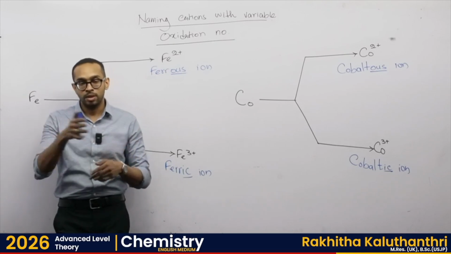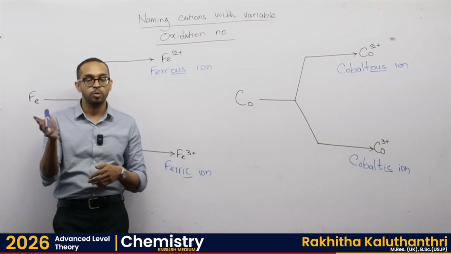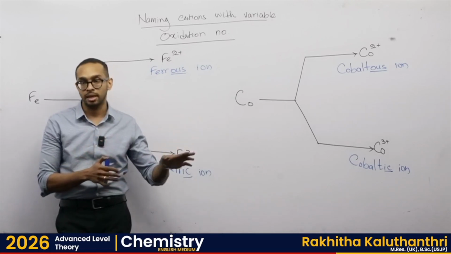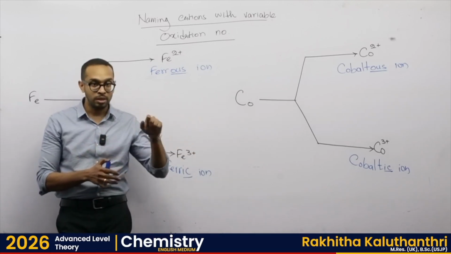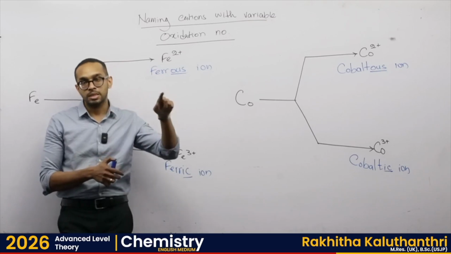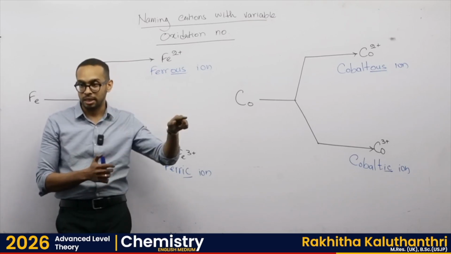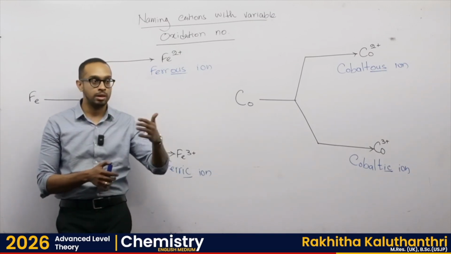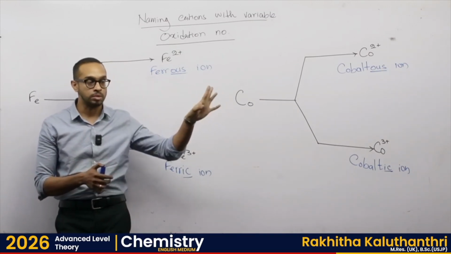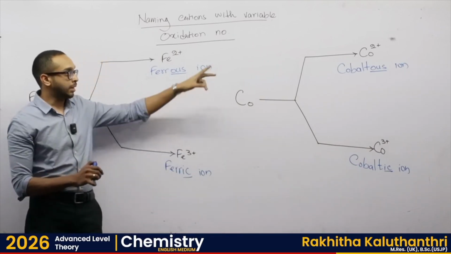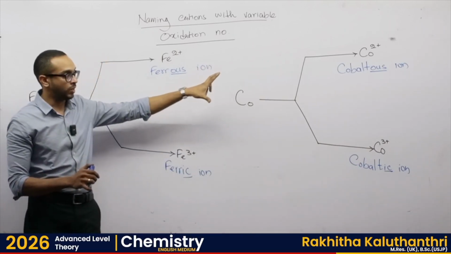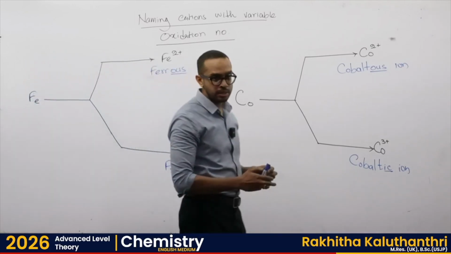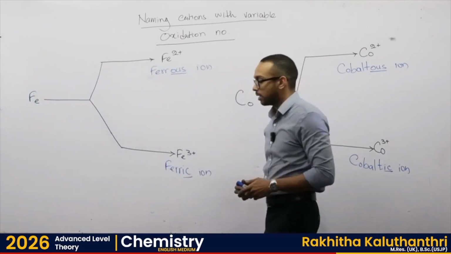So tin ions are usually referred to as stannous ions and stannic ions. Lead is Pb, so we call them plumbous and plumbic. Is that clear? You don't need to remember all the different elements and their entire Latin root names, but when it comes to these different oxidation numbers, you need to remember the names. And copper is cuprous, cupric, likewise.